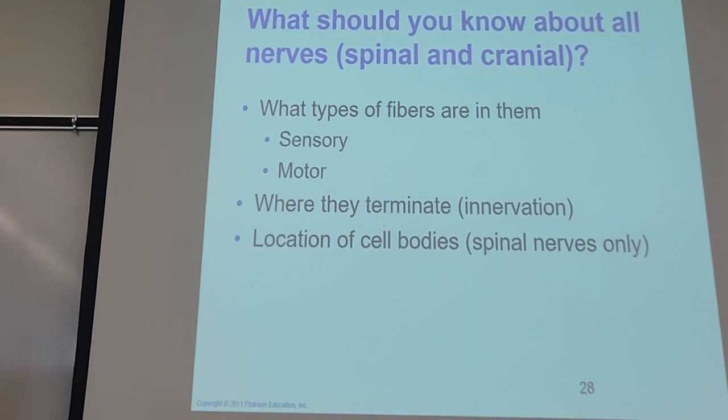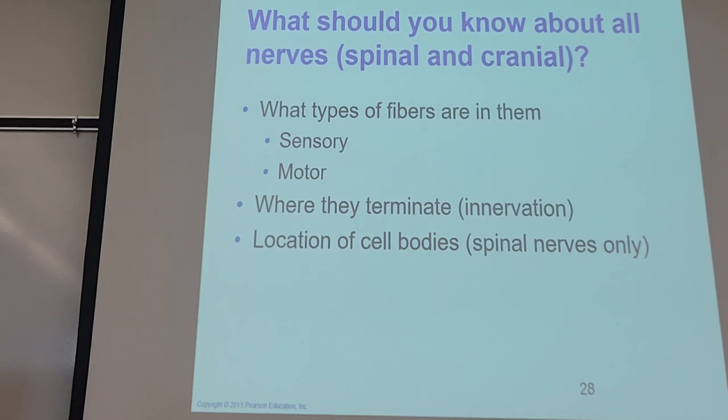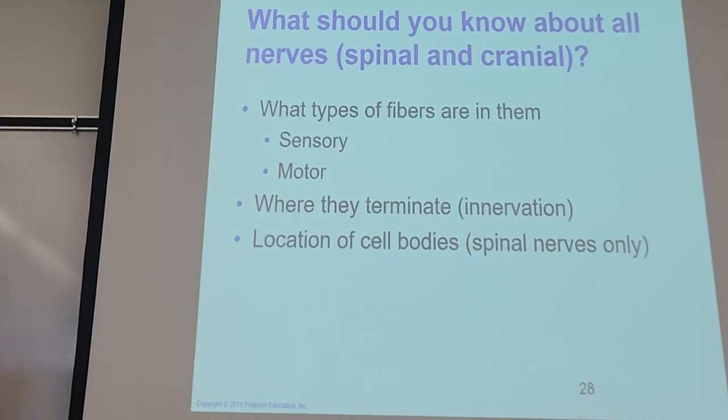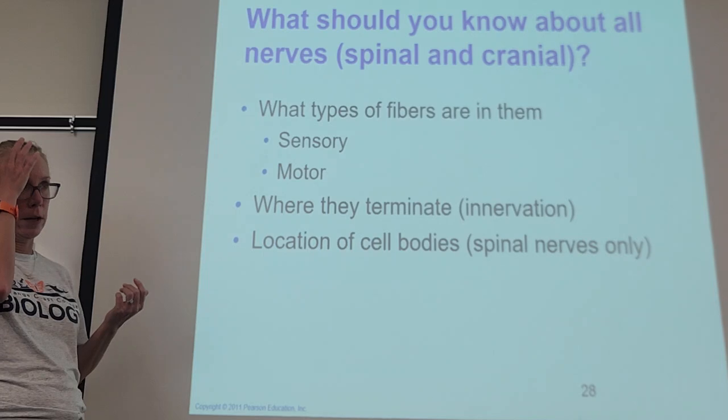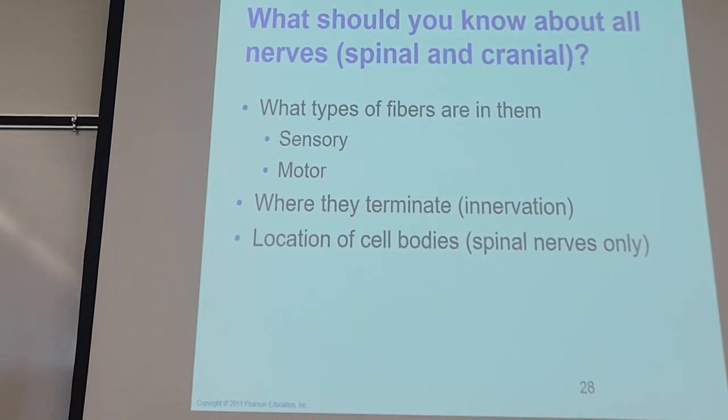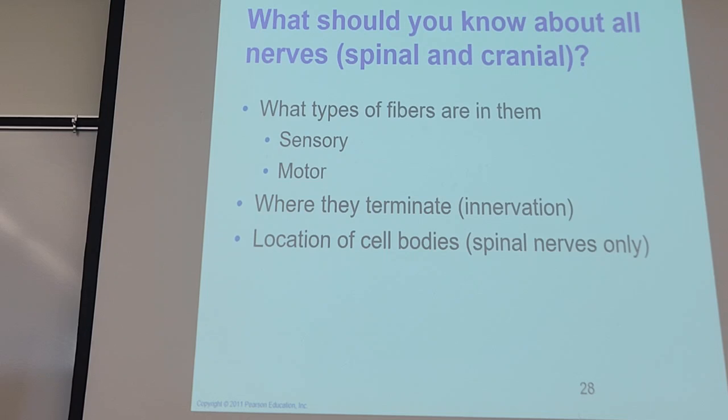Okay, so what should you know about nerves? That's cranial nerves 1 through 12 and spinal nerves, C1 all the way down to coccygeal 1. So I want you to know what types of fibers there are. Are they sensory or motor? Where do they terminate? So basically, what is their effector? What do they do? And then the location of cell bodies in spinal nerves.